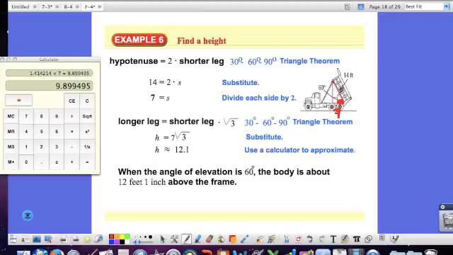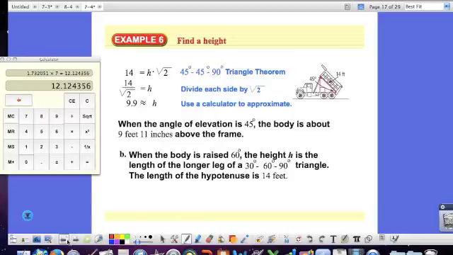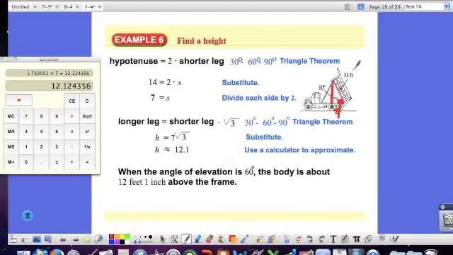That's the side opposite the 30-degree angle. We want the side opposite the 60-degree angle. They've done this here: 7 times radical 3. So square root of 3 is approximately this, times 7, is 12.12. And that makes sense because if this was tipped 45 degrees, the height was 9.9. If it's tipped 60 degrees, that's greater than 45 degrees. So this height off the ground gets 12.